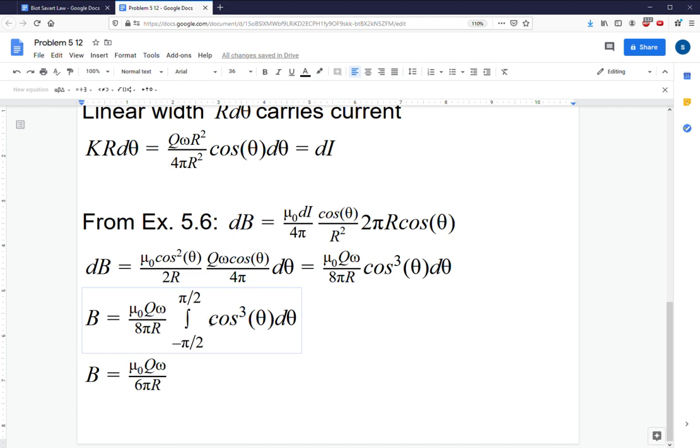The integral of cosine cubed theta d theta is 4/3 from these bounds. So multiplying by 4/3 gives a magnetic field, and keep in mind this is the magnetic field at the center of the sphere. Anywhere else we would need to do this whole mess again. But it is equal to mu naught Q omega over 6 pi R.